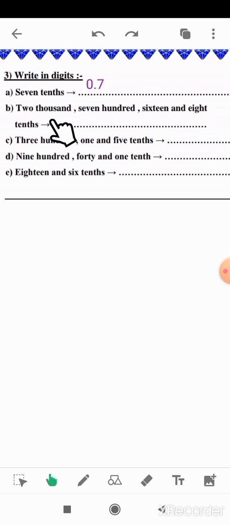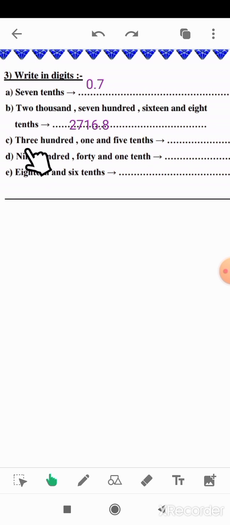Okay, so we will write this number with the whole part, then the point, and 8 as tenths. So our number is 2,716 and 8 tenths.